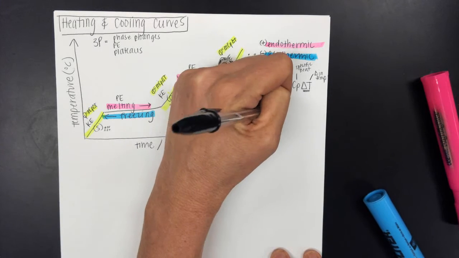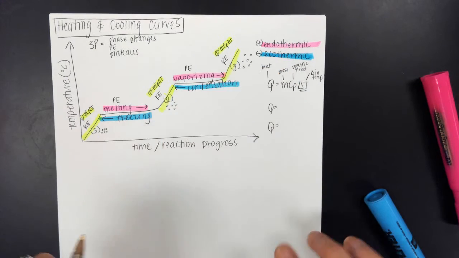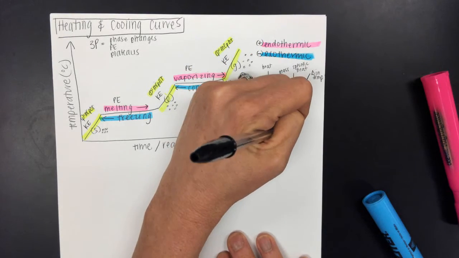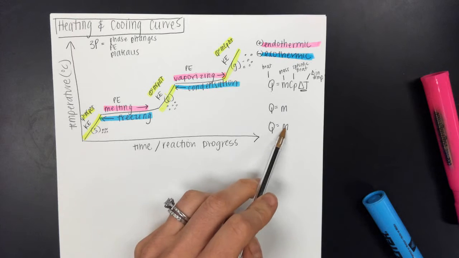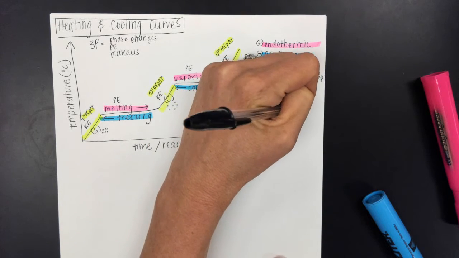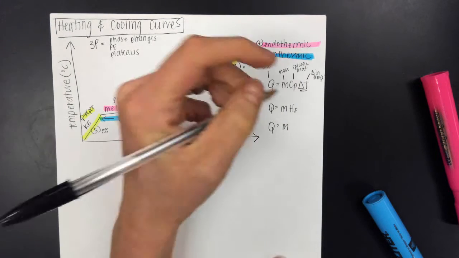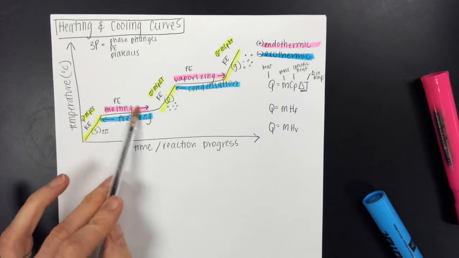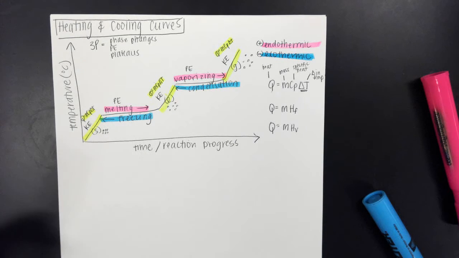The other two equations you might see are still calculating Q, so that's still heat. It still needs mass in there. But now we are dealing with what we call the heat of fusion and the heat of vaporization. Heat of fusion is for melting and freezing.